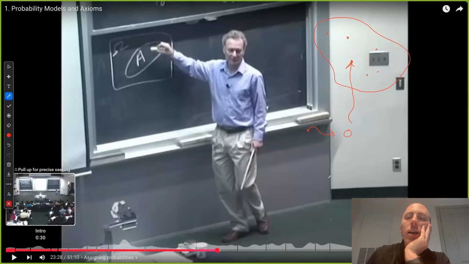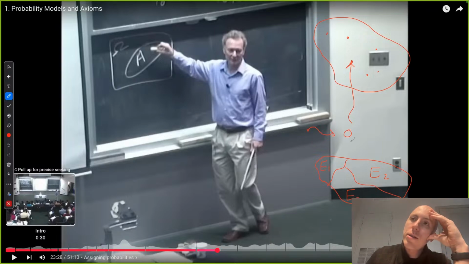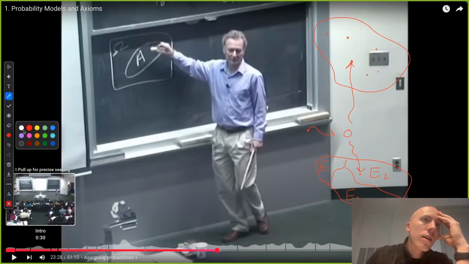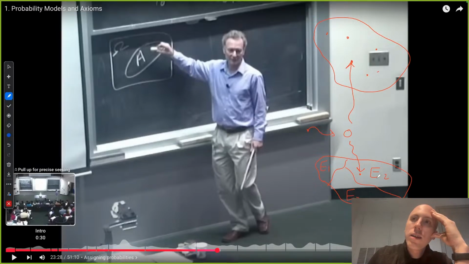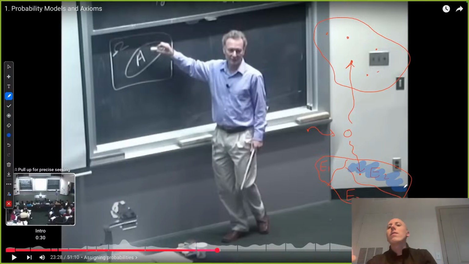In a similar way, if we partition up the sample space into events, then when the outcome happens, we need to be able to pinpoint it and say it's here, and by the way, it's in this event right here.